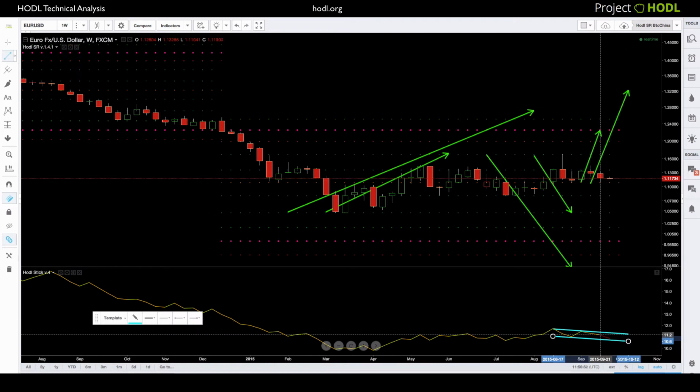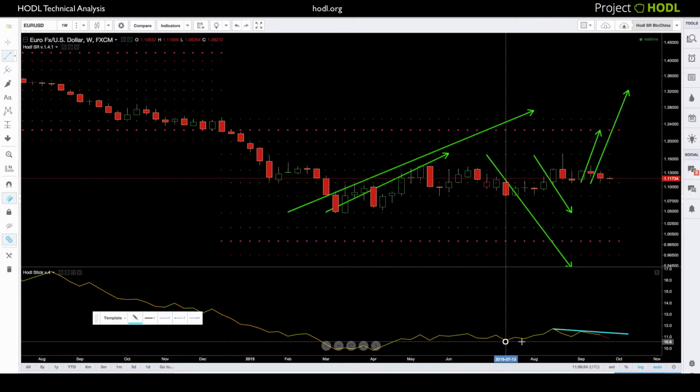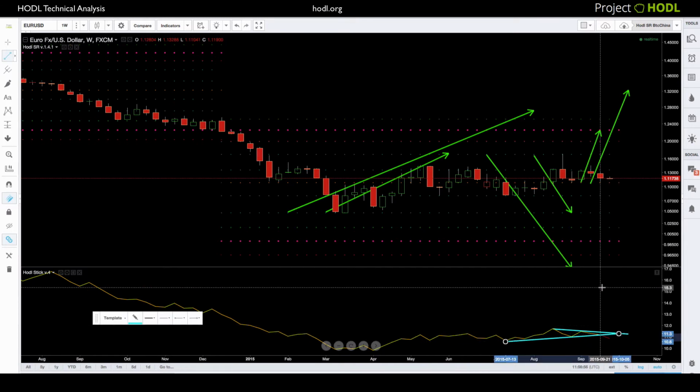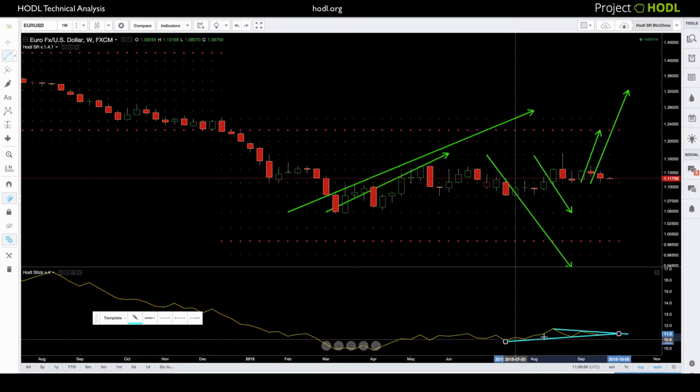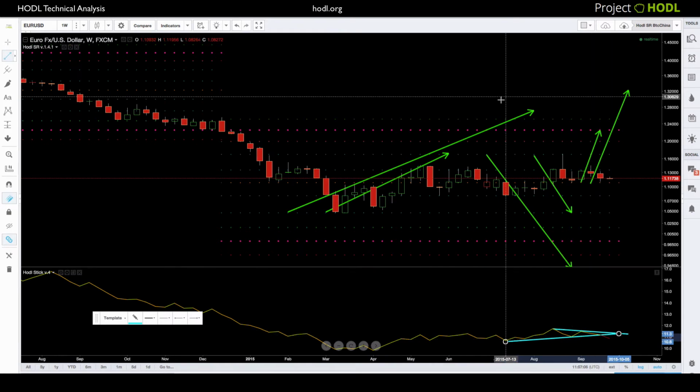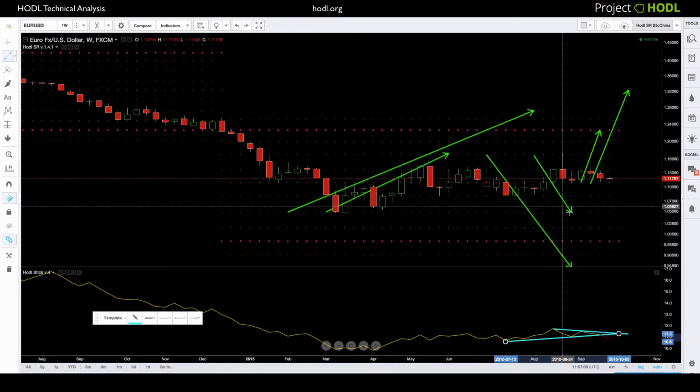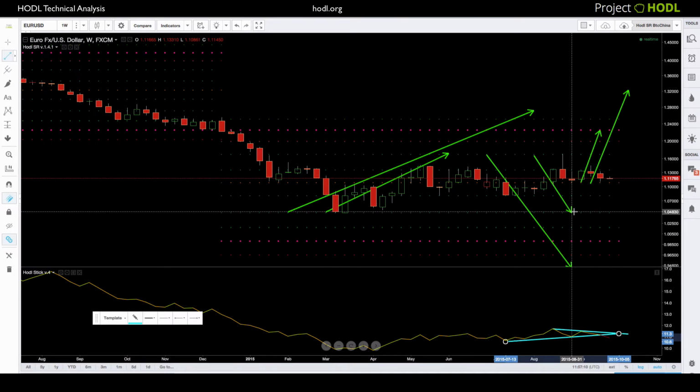Or we could use this. This is a better one, and we can see that the stick is trying to fall out, which is of course bearish. So on weekly time frame, I'm bearish, and I expect at least a move to this level.